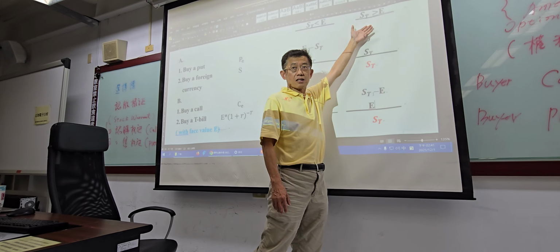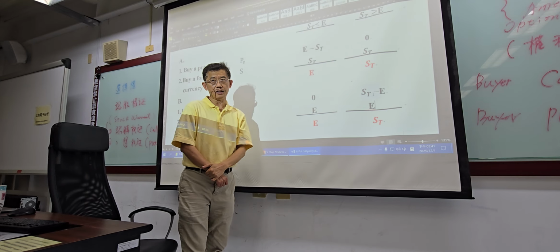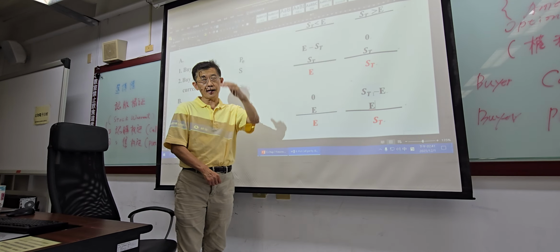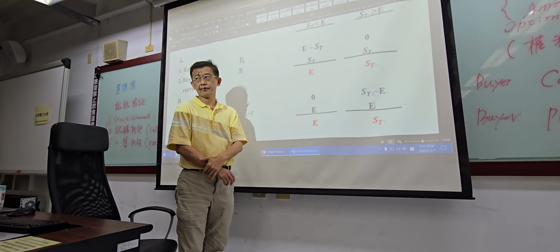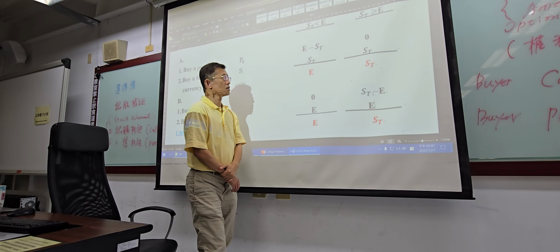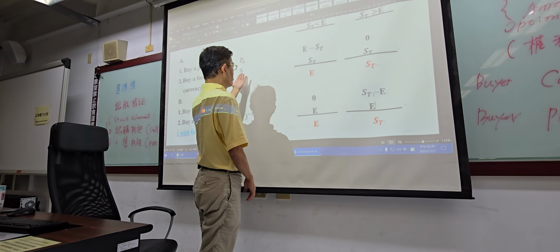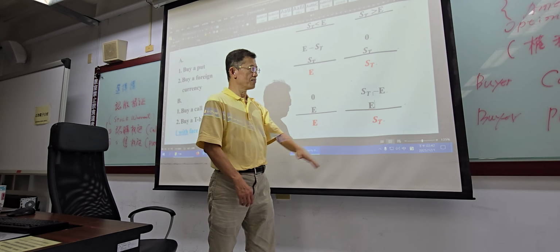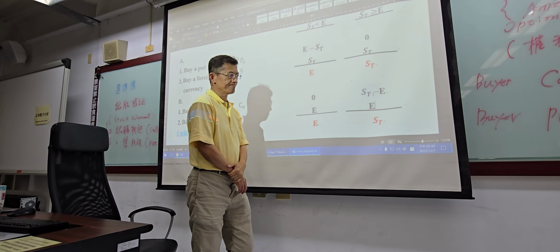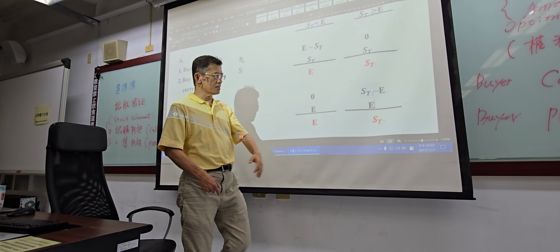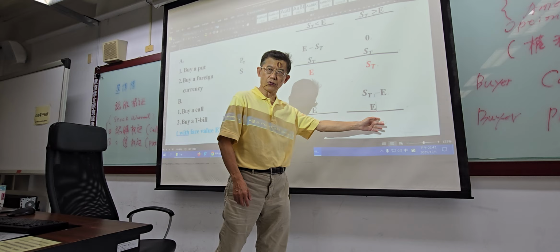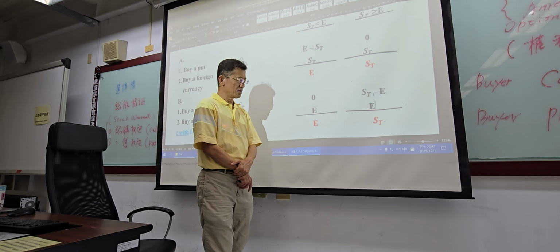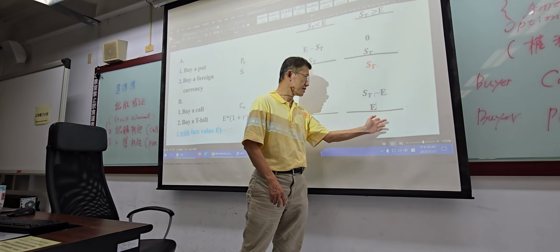And if the spot price of foreign currency at the expiration is high and high and high, larger than the exercise price, the payoff of portfolio A, you end up with the payoff S sub T. Okay, so does portfolio B. You will also end up with the payoff S sub T over here, identical.